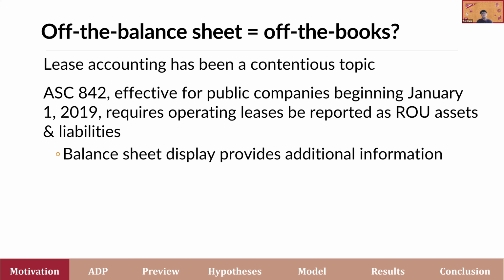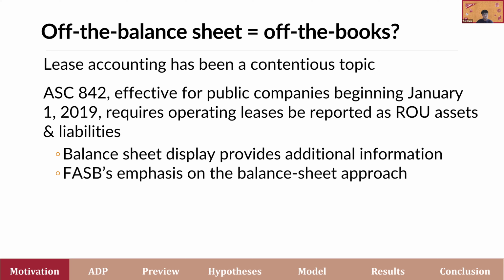And prior to ASC 842, this on-balance sheet recognition, or in the parlance of accounting, capitalization, was not allowed. What this new standard implicitly assumes is that booking things onto the balance sheet invariably provides additional information. It is in line with FASB's growing emphasis on the balance sheet approach to accounting.